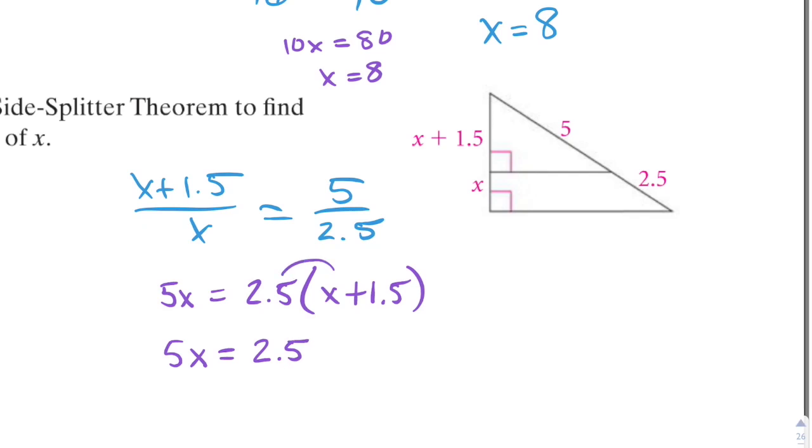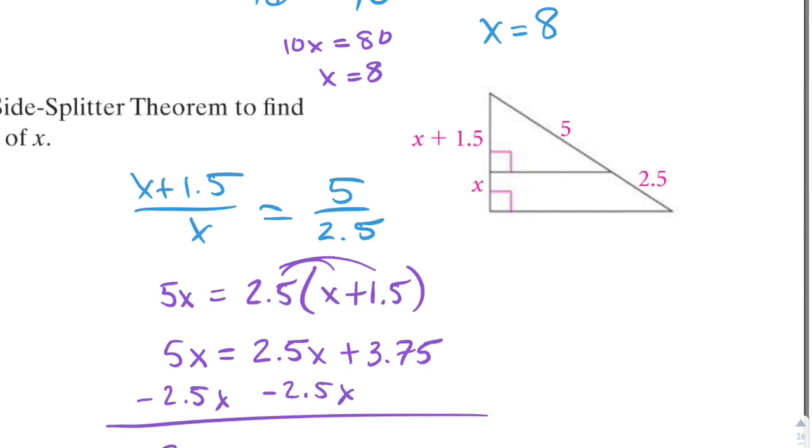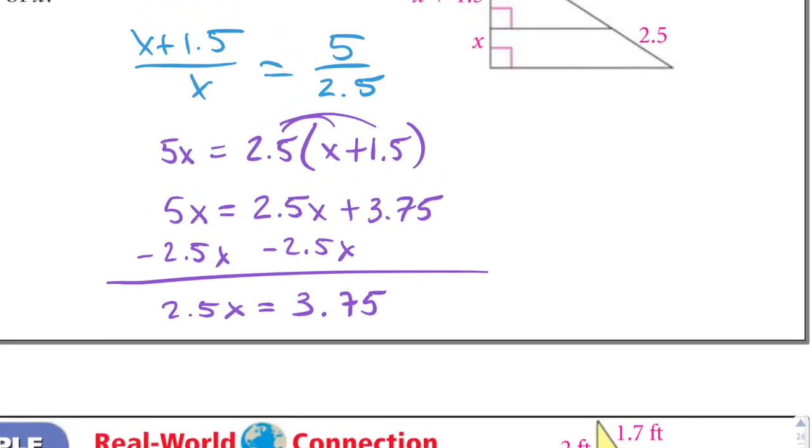We have to use the distributive property, don't forget. That's 3.75. We are going to take 2.5x away from both sides. And we have 2.5x equals 3.75. Divide both by 2.5, and we have 1.5.